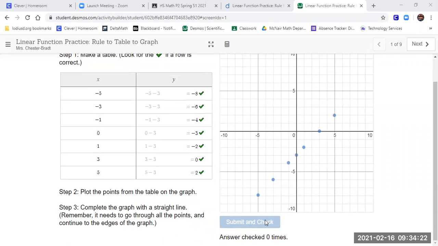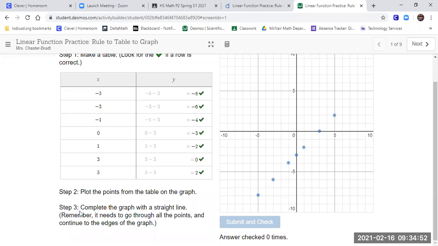Are we okay? Does anybody need more time for that? Okay. What have I not done yet in step 2? Step 2 says plot the points, so that's finished.